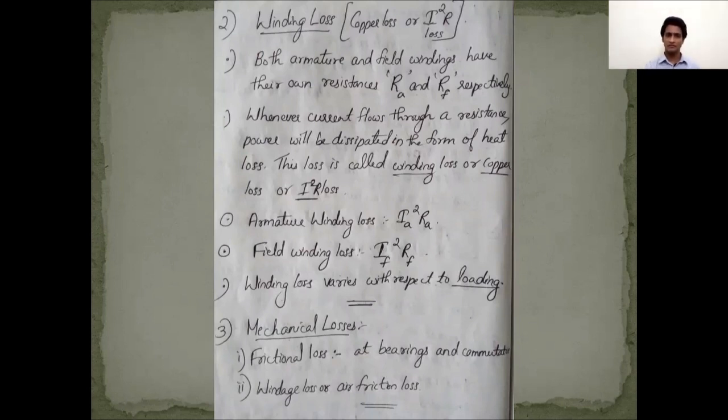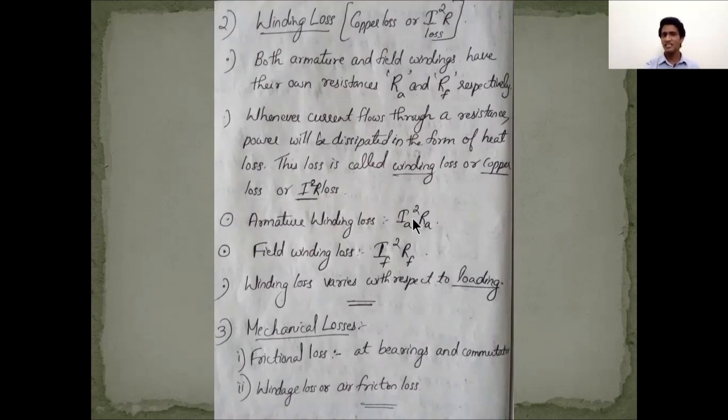Whenever armature current flows through the armature winding, a loss occurs, that is Ia square Ra, armature current square into armature resistance. Similarly, whenever field current flows through my field winding, a loss occurs, that is If square into Rf. Winding loss will always depend on the loading, especially this armature winding loss Ia square Ra.